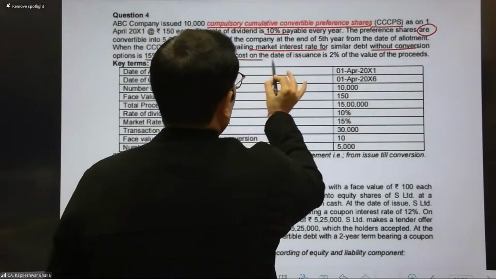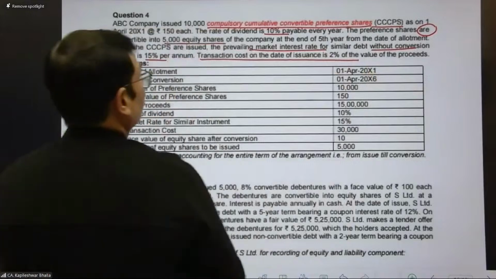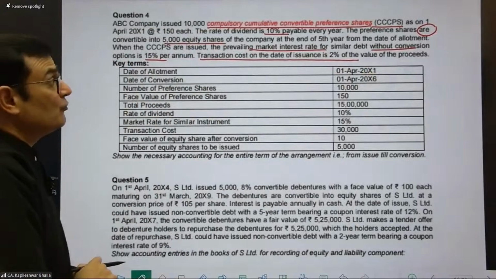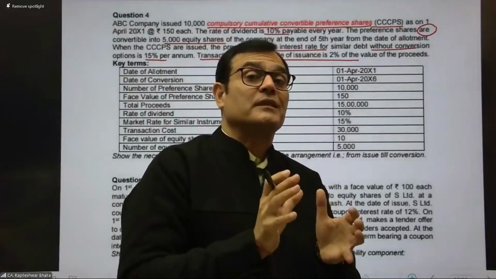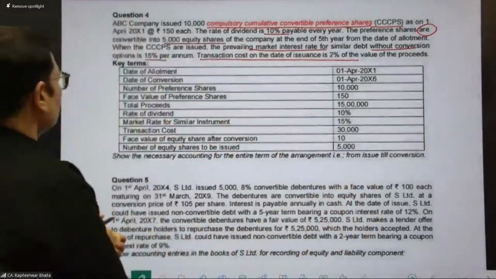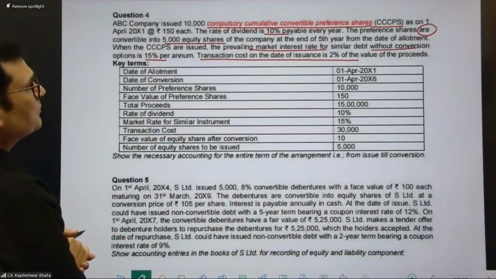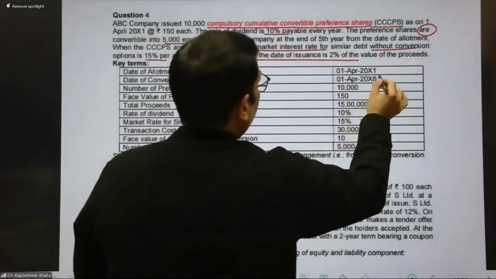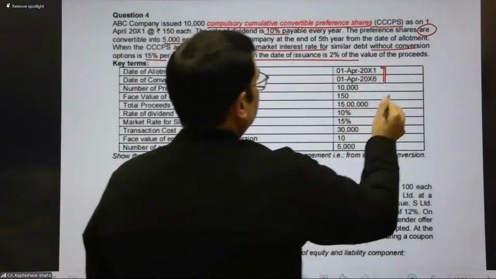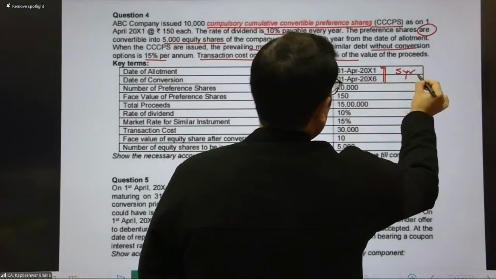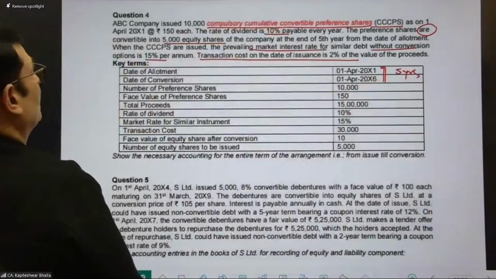And there is a transaction cost which is 2% of the proceeds as well. So there is a TC as well. How does this transaction cost change the inputs? We'll see. Then we're given a summary of all the inputs out here. The allotment is on X1 and the conversion is X6. So there is a total of 5 years after which the conversion will take place.